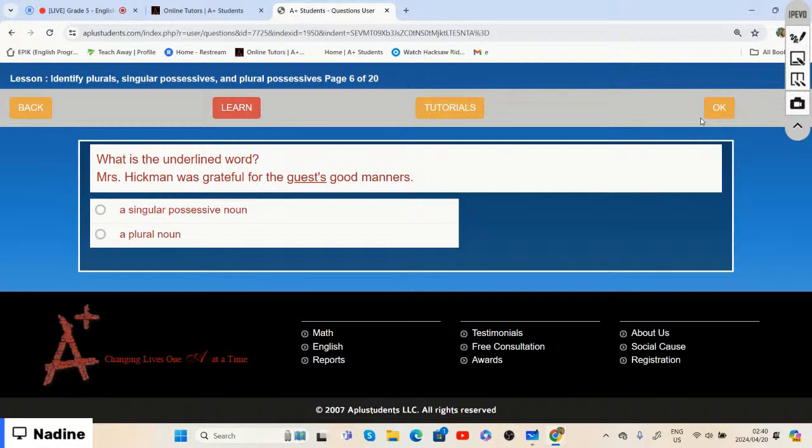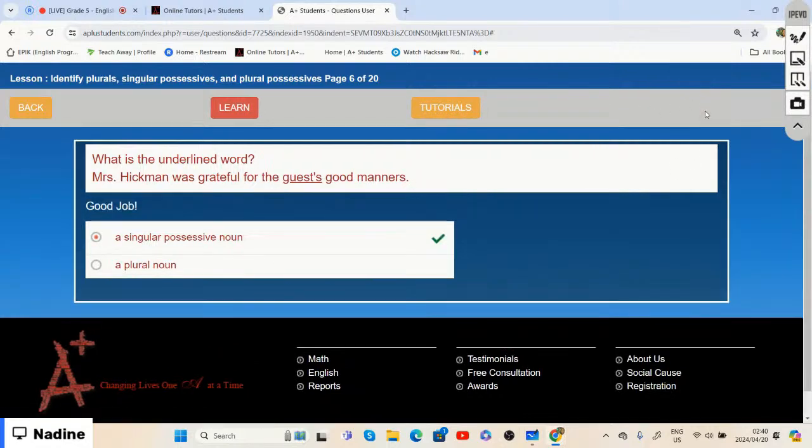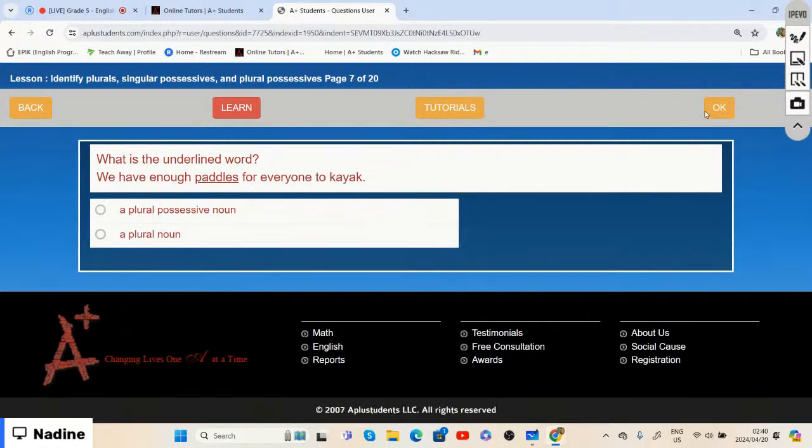And if we choose what word is underlined, then we can say it is a plural possessive noun. So well done.